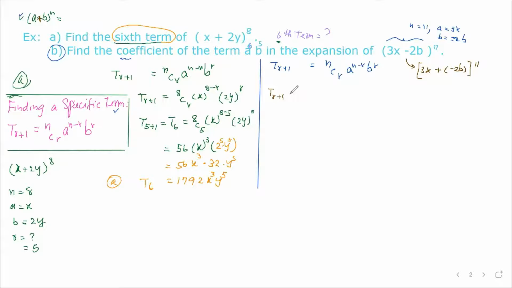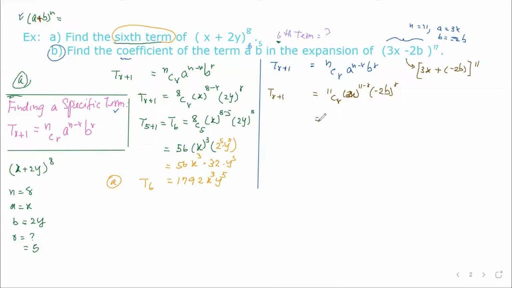So we replace all the information we have. T(r+1) equals, n is 11, C r is unknown, then a is 3x power 11 minus r, b is negative 2b power r unknown.